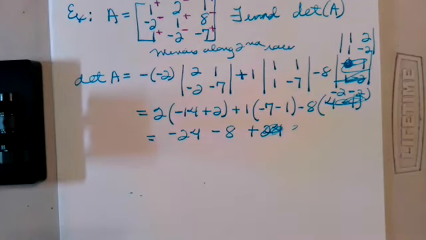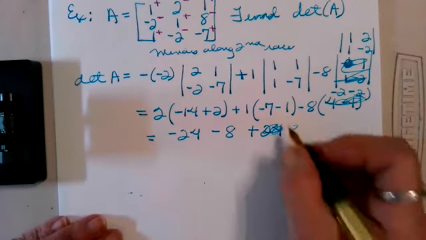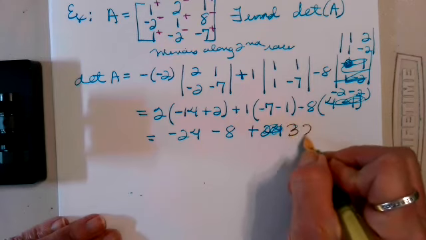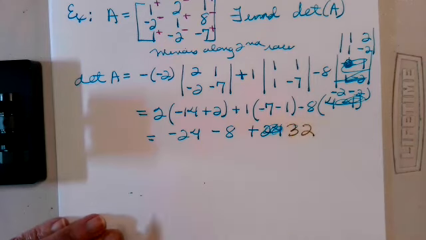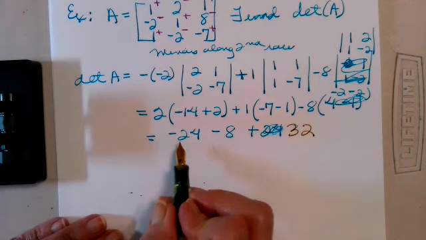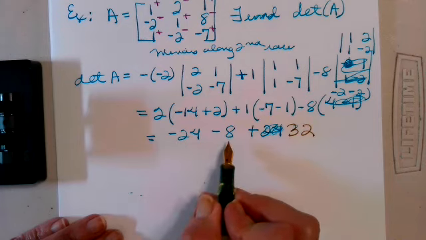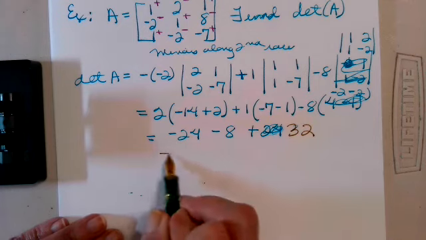Sorry, pen ran out. 8 times 4 is 32, sorry. It's a little bit late, getting tired. So minus 24 and minus 8 is minus 32 plus 32 equals 0.